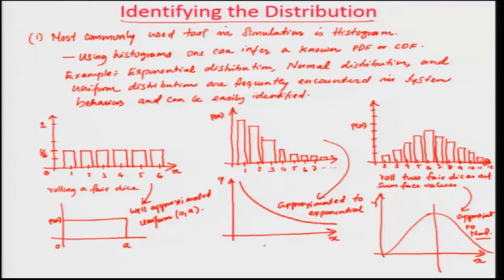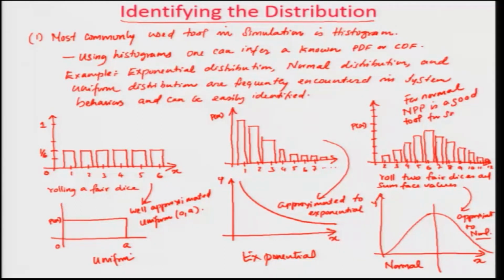So, these three: this is uniform, this is exponential, and here is normal. These distributions are quite easy to identify through the histogram. Also for normal, NPP is a good tool for small samples.